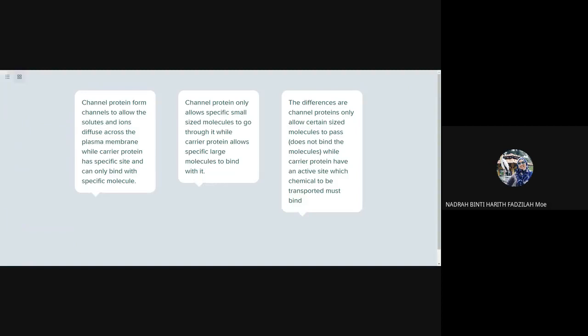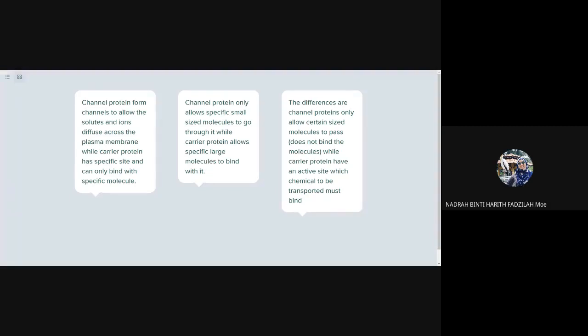Kalau channel protein, the solute and ion diffuse across the channel. Tetapi untuk carrier protein, substances have to bind with the specific site atau specific active site atau ada setengah reference panggil binding site. Substances have to go to the specific site of the carrier protein to be transported to the other part of the cell.